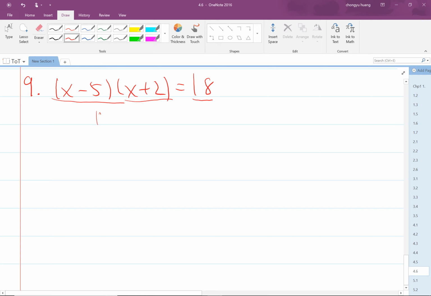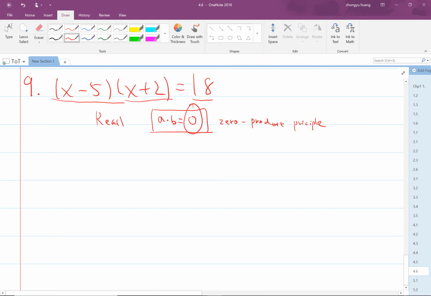Let's recall again: in order to apply the zero product principle, we definitely need something like a multiplied by b is equal to 0.